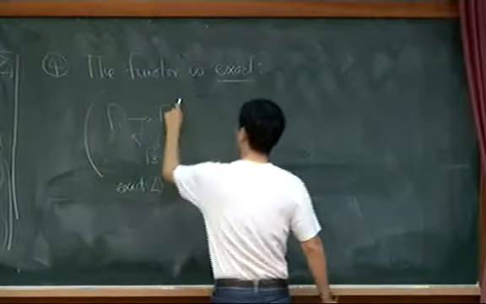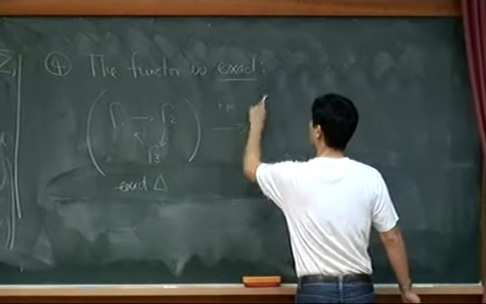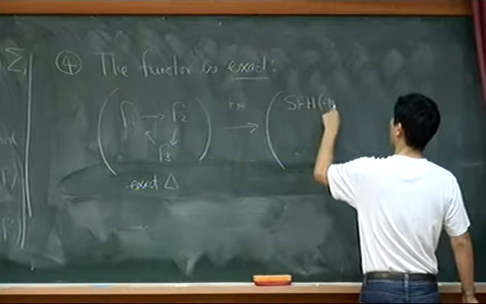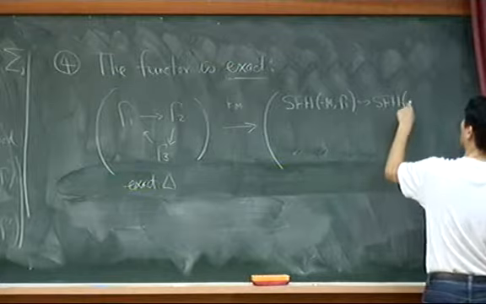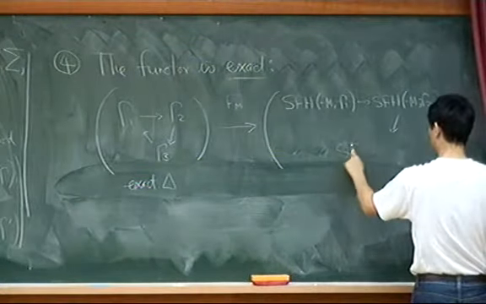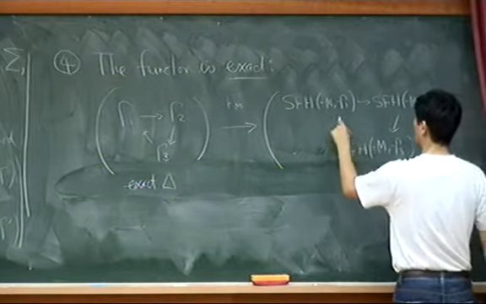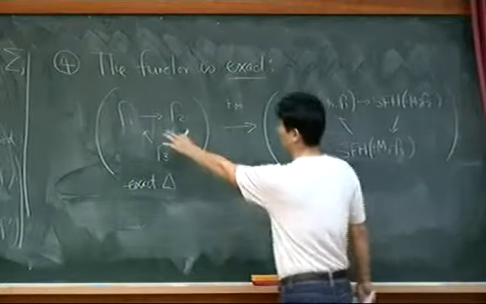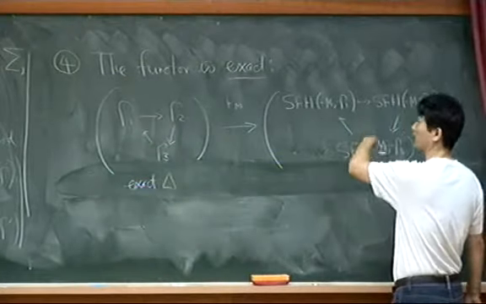This gets mapped under the functor to SFH of minus M minus gamma 1, to SFH of minus M minus gamma 2, to SFH of minus M minus gamma 3, and so on. If this is exact, if you have a bypass triangle, then this side is also exact.